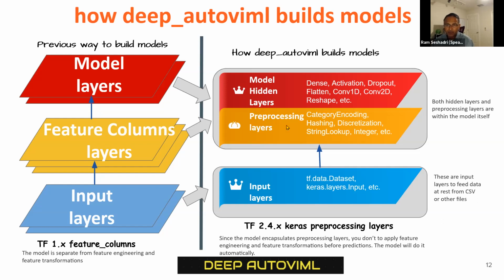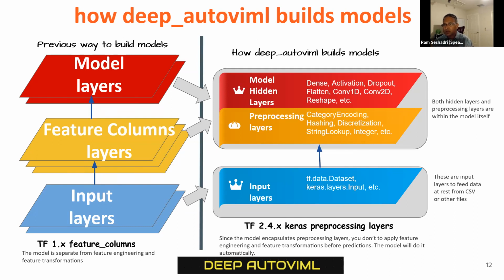And secondly, the pre-processing layers are embedded in the model's hidden layers. So the pre-processing layers are combined with the model's hidden layers so that when you save your model, it's got both the logic for pre-processing your features, as well as the hidden layers to process and build a fully performant deep learning network.